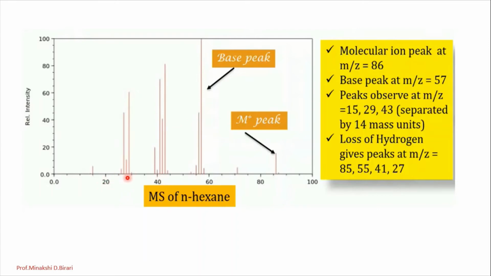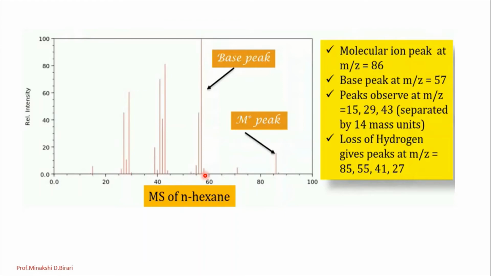So it is the mass spectrum of n-hexane. We should remember that is the molecular ion peak, that is the base peak. A cluster of peaks is observed due to the cleavage of carbon-carbon single bonds in n-hexane, a straight chain alkane. The cleavage occurs at a number of carbon-carbon single bonds, and due to that a cluster of peaks is observed.